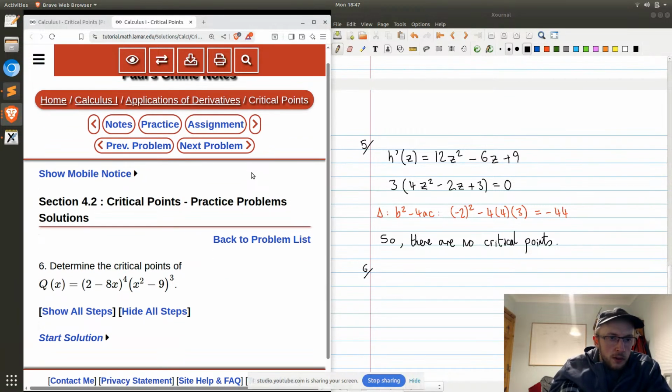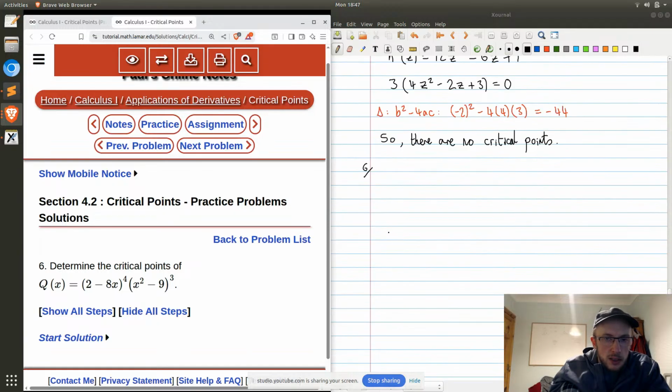Determine the critical points of Q of x, where Q of x equals (2 minus 8x) to the 4 times (x squared minus 9) cubed. All right, so first we must differentiate.